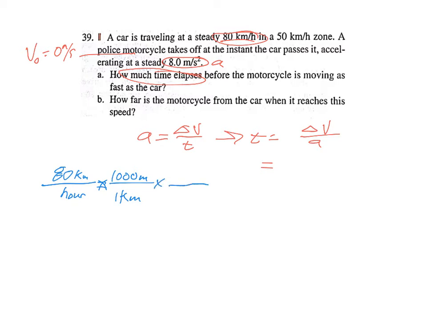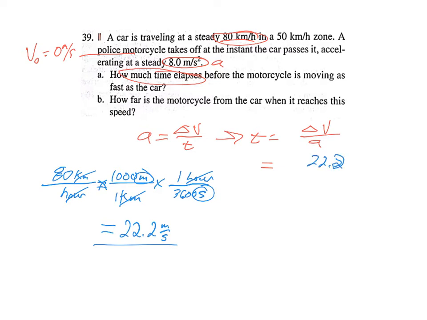And then I need to get rid of hours. 1 hour is 3,600 seconds. So hours is gone, kilometers is gone. I'm after meters per second. That matches my acceleration. I'm going to pop this into my calculator, and I'm going to get 22.2 meters per second.